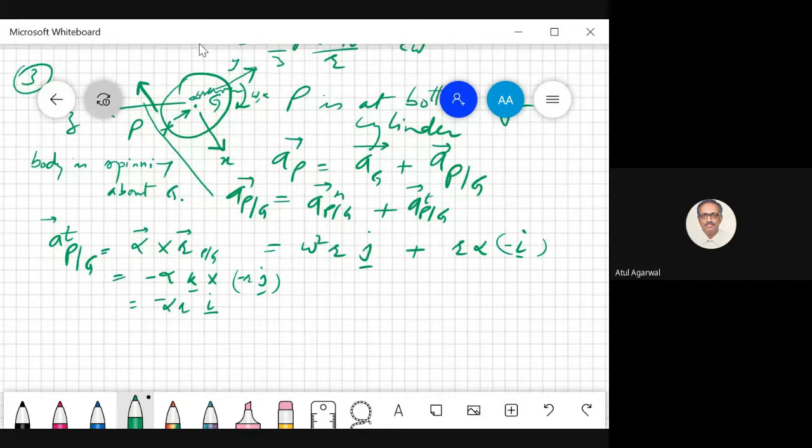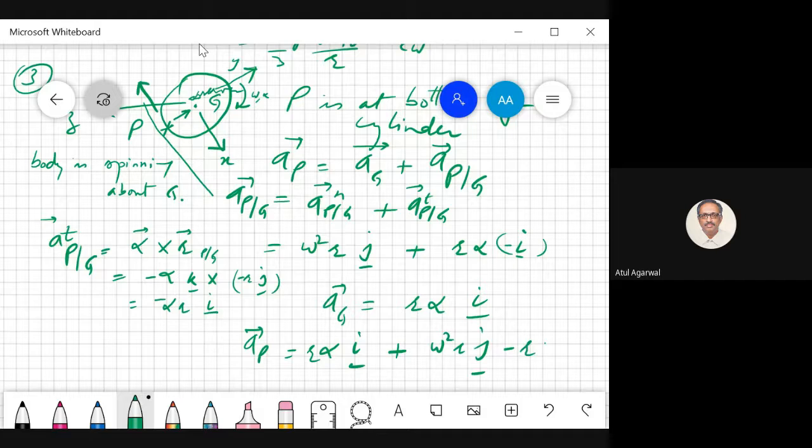Now, what is the acceleration of G? It is accelerating downwards in the x direction, and I already told you this is R alpha i. So what is the acceleration of P? Absolute acceleration of G, R alpha i, plus acceleration of P with respect to G, which is omega square Rj minus R alpha i.